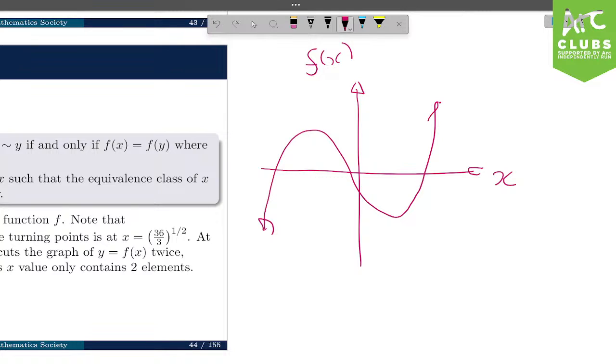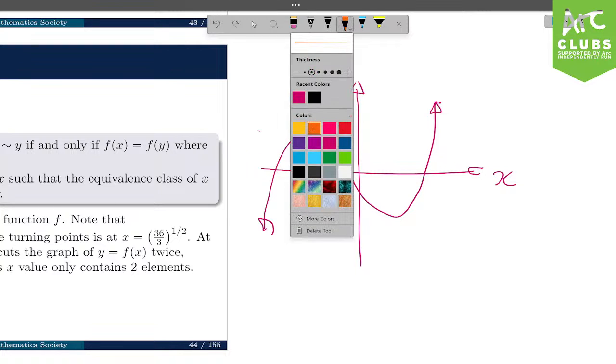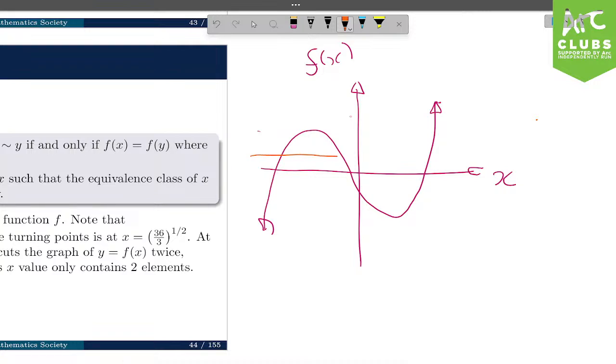The main reason I draw this graph is to explain this idea, which is that if we select a point that is a turning point, its equivalence class is basically the set of all points in which we draw a horizontal line. We'll do a different color. So if we draw a line here, it will be the set of points which this horizontal line passes through, right?